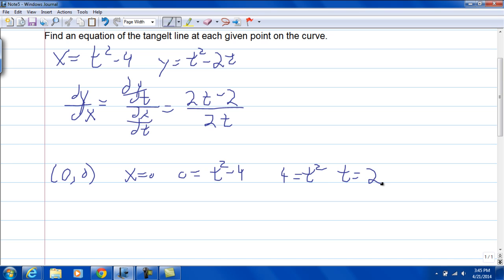So in that case, dy dx is going to be, we're putting 2 in place of the t, 2 times 2 minus 2 over 2 times 2.